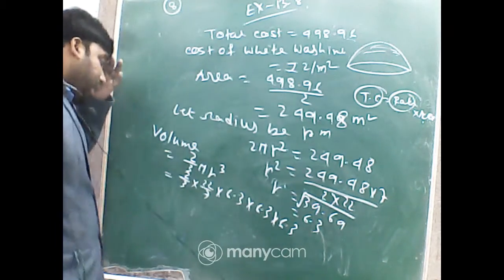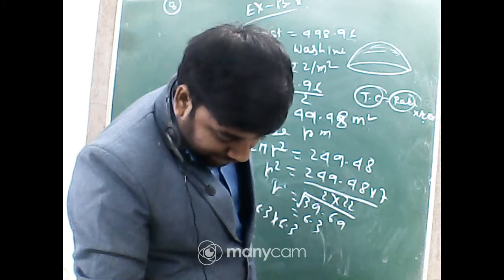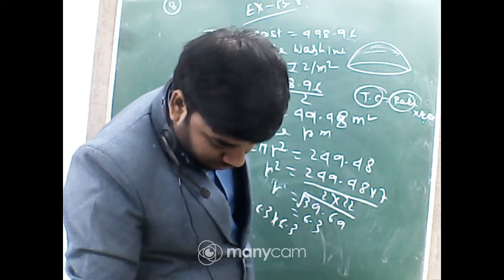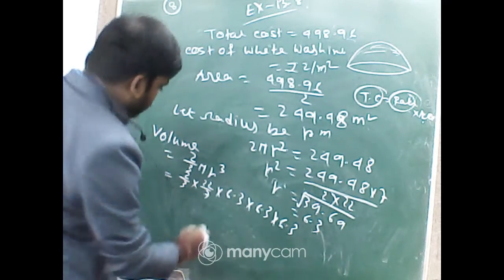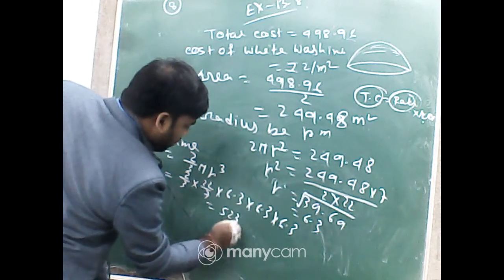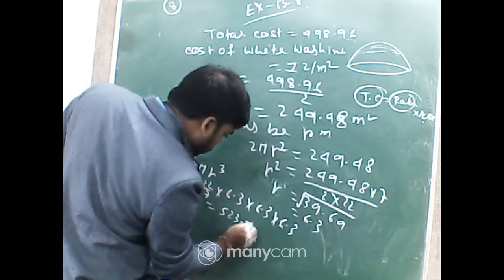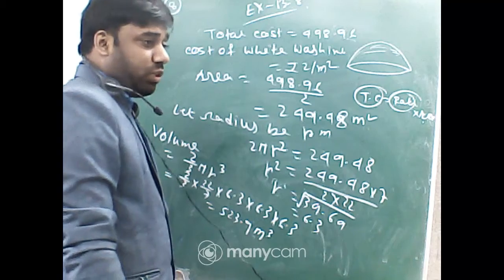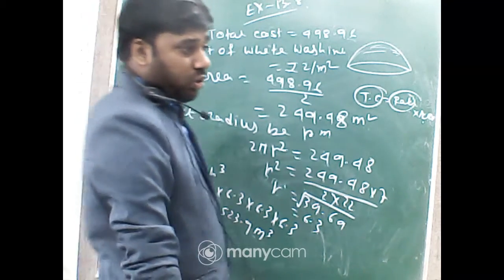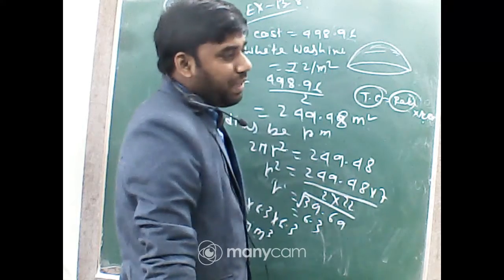You will get 523.9 meter cube. Not 4/3 pi r cube, but 2/3 pi r cube, because dome means hemisphere, hemispherical shape.